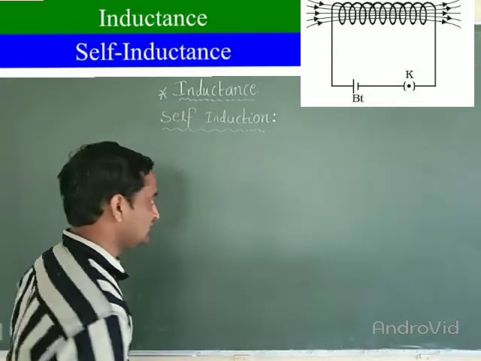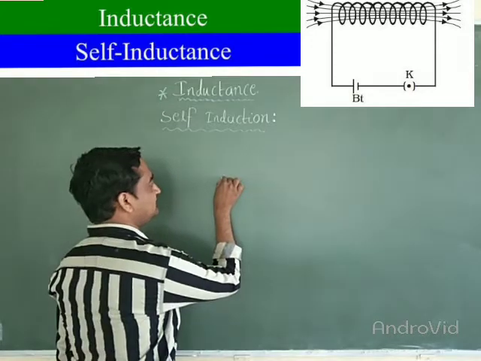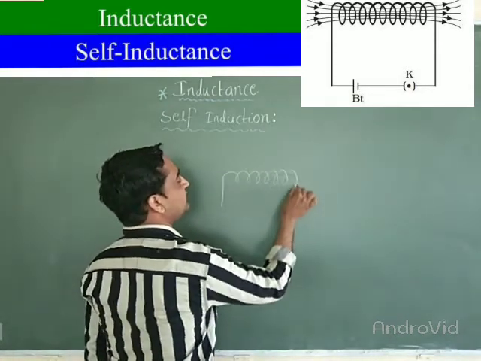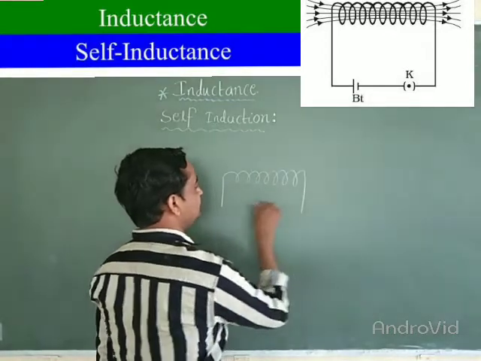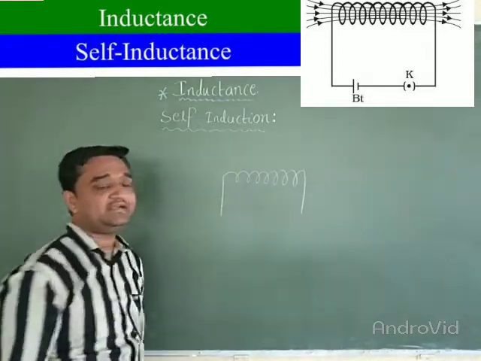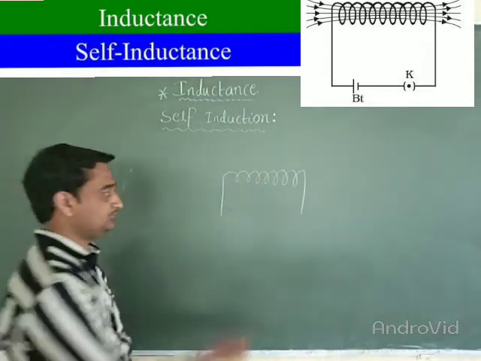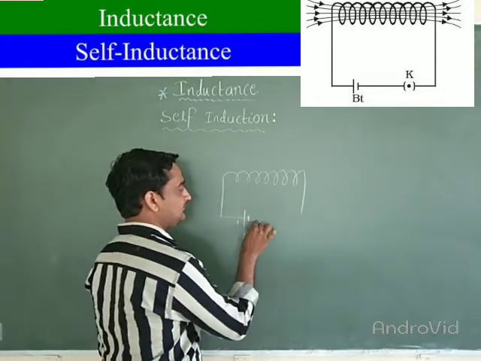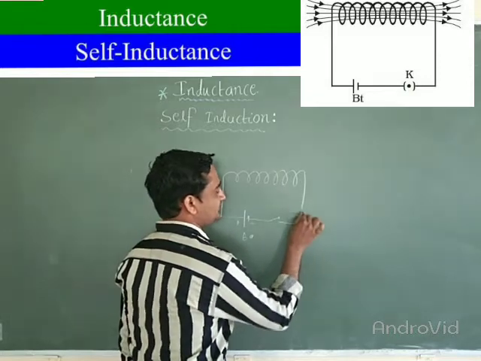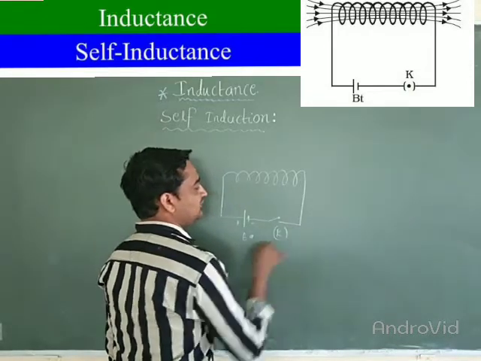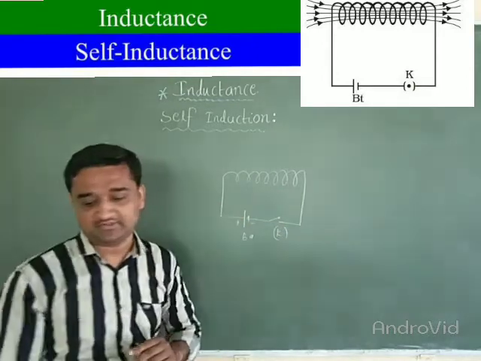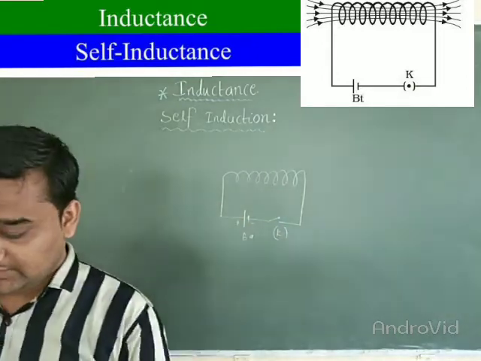So for this I will now consider a cylindrical coil. Here is the cylindrical coil we have considered, connected to a battery. Here is the switch. Through a switch, the cylindrical coil is connected to a battery, right?